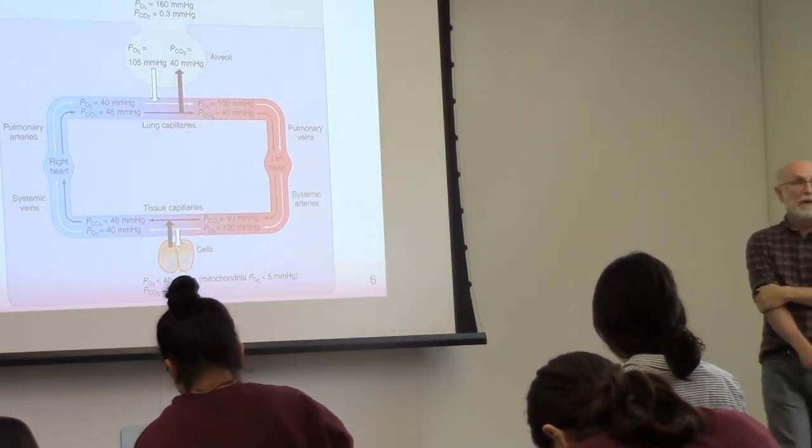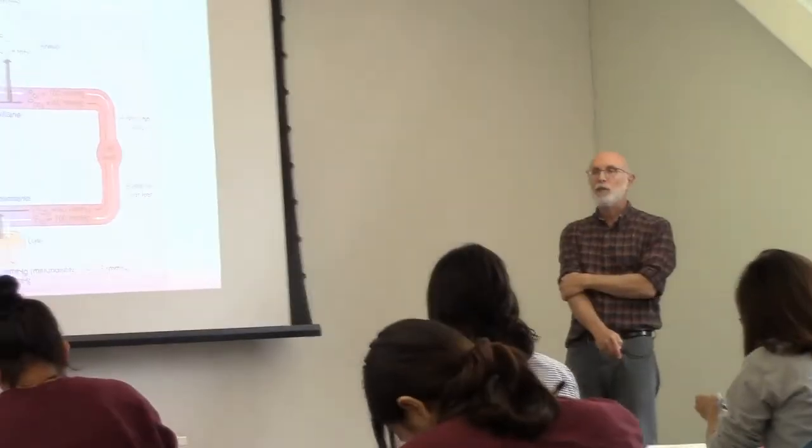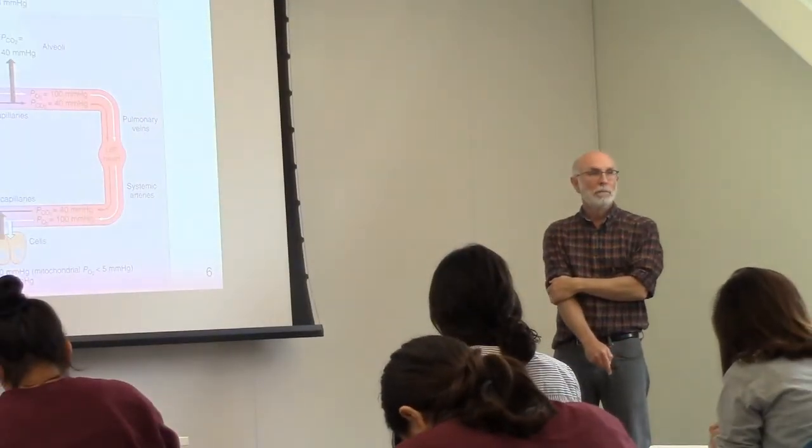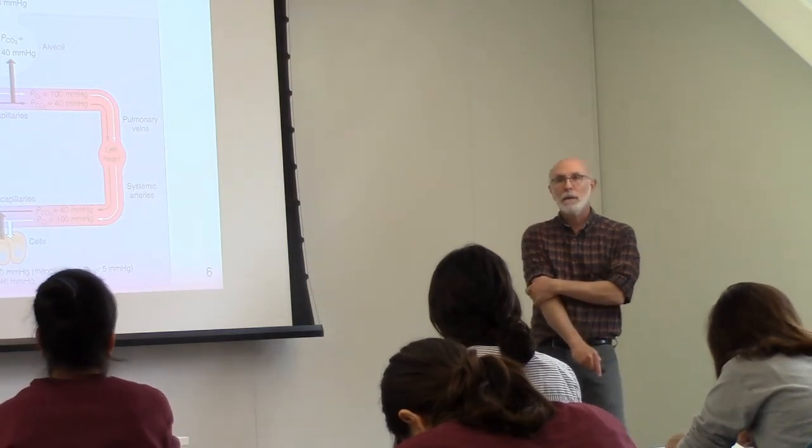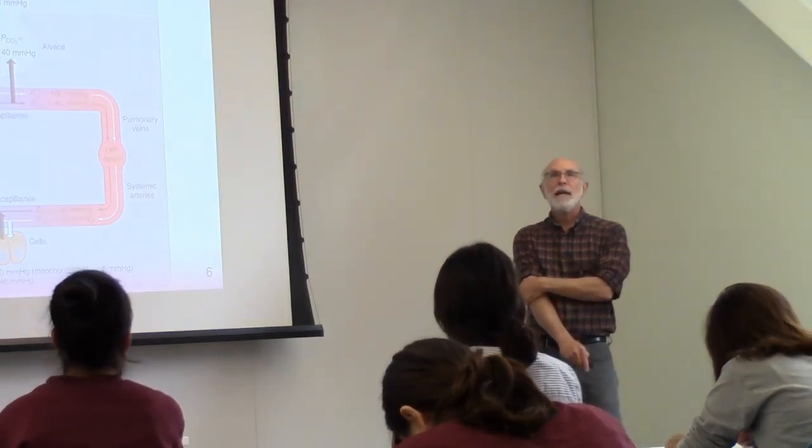40 millimeters of mercury is a value that is just so normal that, I mean, you can always look it up, but in a test setting, I might ask you a question, and I'm just going to assume you know it's 40.